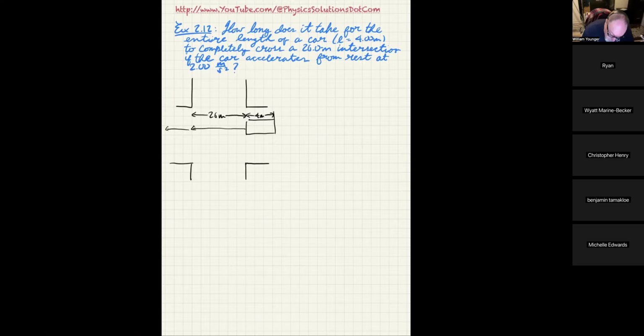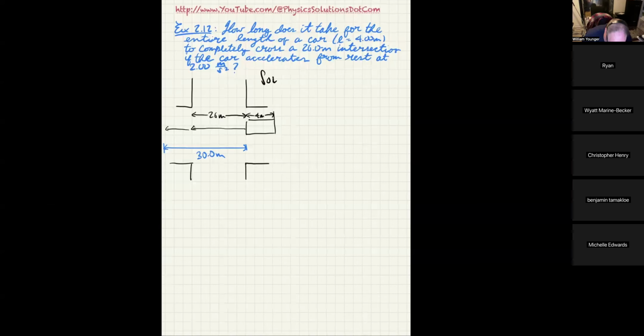And therefore, we need the car to go a distance of actually 30 meters. Okay, so that's what we're really asking for here.